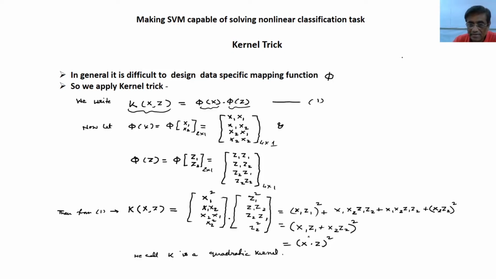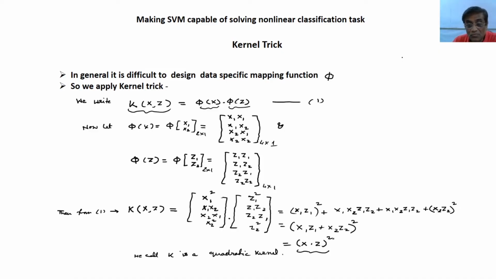What is it? This is nothing but the dot product before this transformation into this ugly higher dimensional feature space, in the original space. You see? So this is the trick. Okay. So this is a kernel, and you see, it is called the quadratic kernel.